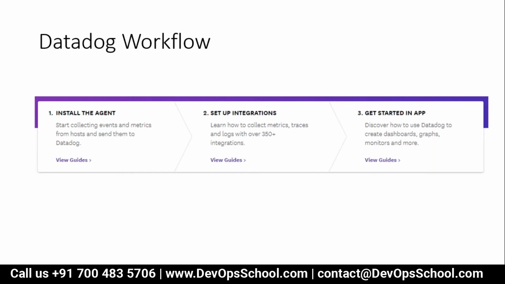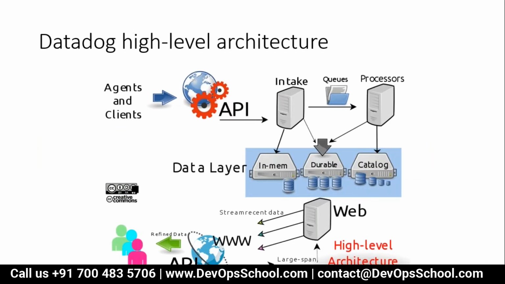Logs, metrics, performance, what data you want. So set up integration, and then every data you have is in Datadog, which you can experience on the dashboard, graphs, and through monitoring, I mean alerting. Here when we say monitoring means alerting. Okay, that's all. Simple. So install the agent, set up an integration, get started in app. So that is the workflow.